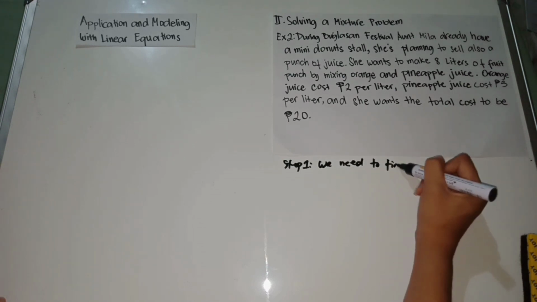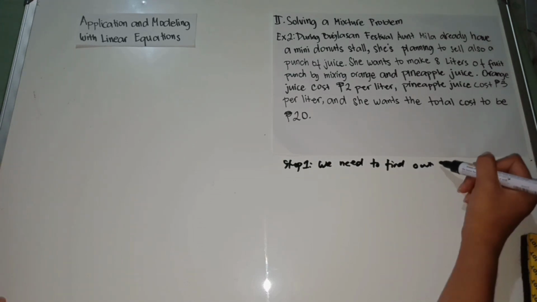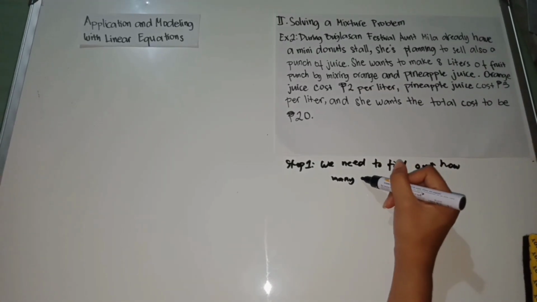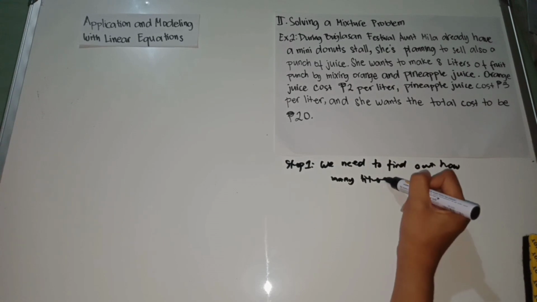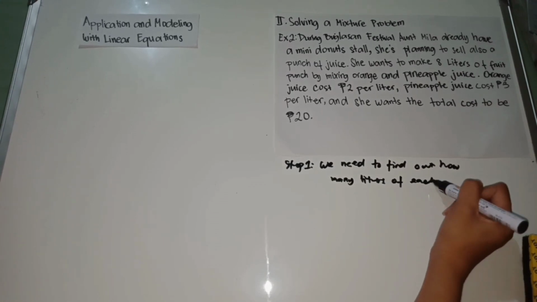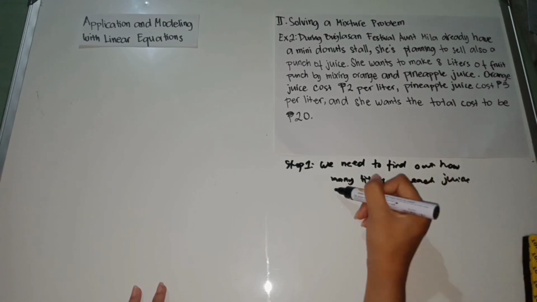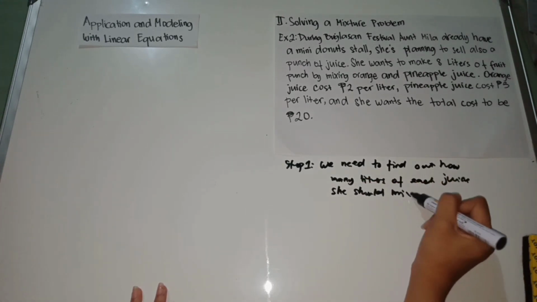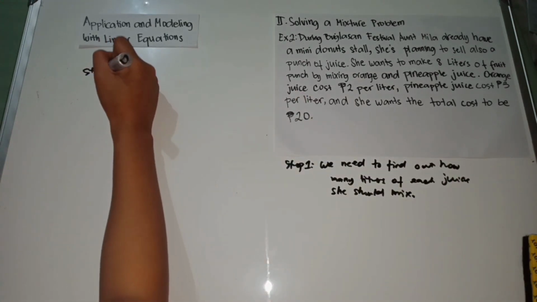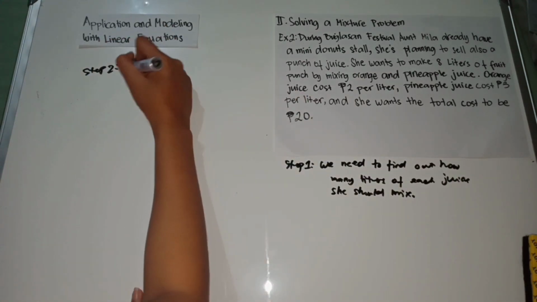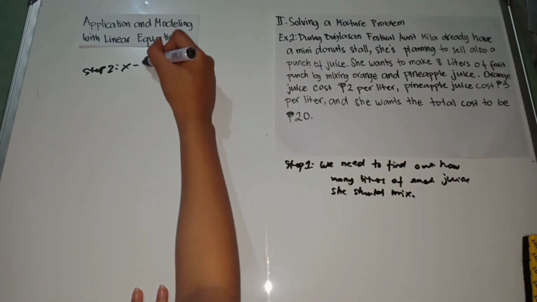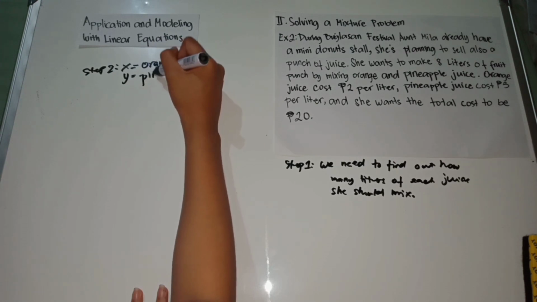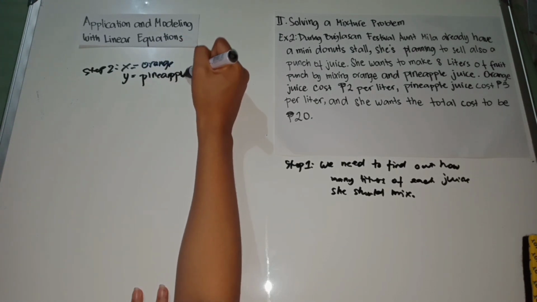So our step 1, our problem is we need to find out how many liters of each juice she should mix. For our step 2, the assigned variables, x is equal to orange juice and y is equal to pineapple juice.